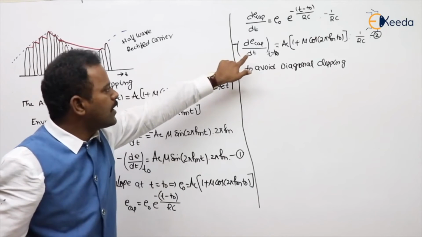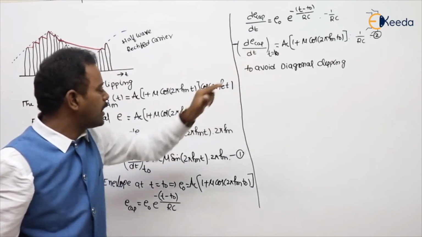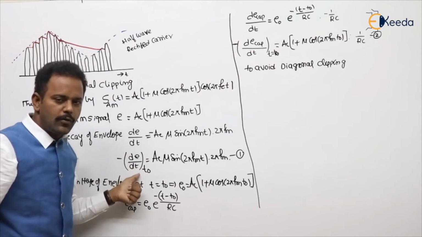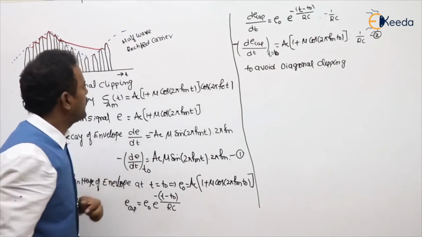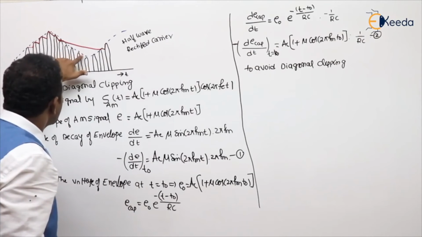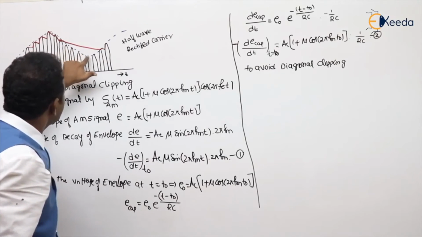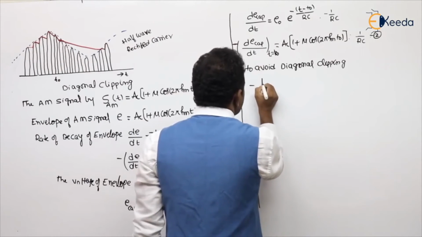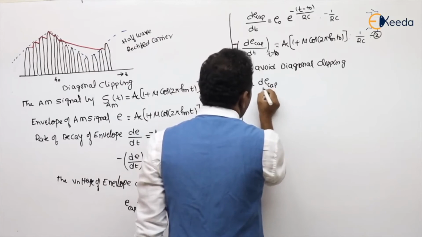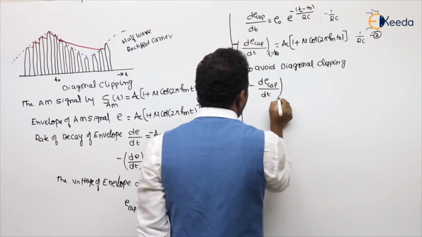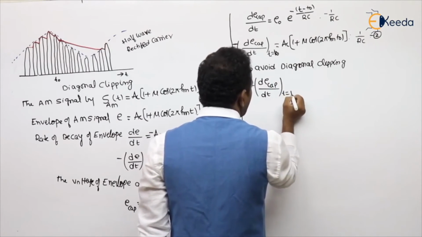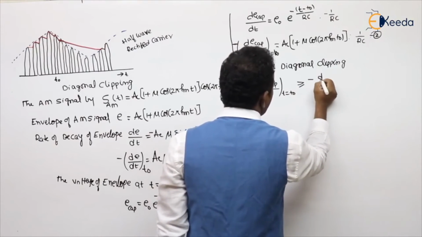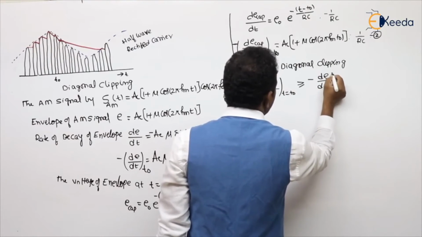So at any instant of time, if this is greater than or equal to the rate of decay of the envelope, then there is no diagonal clipping. Means if this slope is more than or equal to this, then no peaks are missing. So this minus dE cap by dt at t equal to t naught should be greater than or equal to minus of dE by dt.